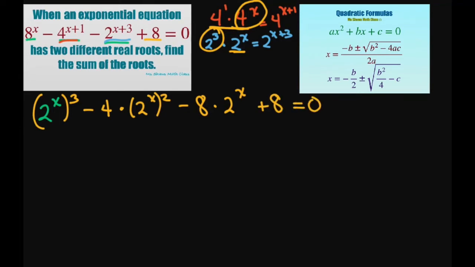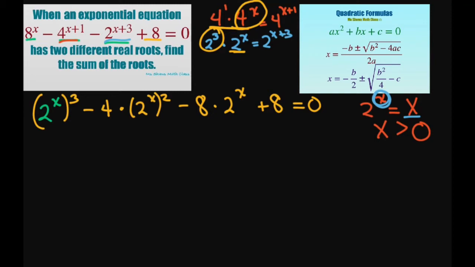All right, now that we have that, let's use substitution. So we're going to let 2 to the power of x equal big X. That means big X is always going to be positive. No matter what number you put in for little x, even a negative number, big X is going to be positive. It'll be a fraction, but it'll be positive.